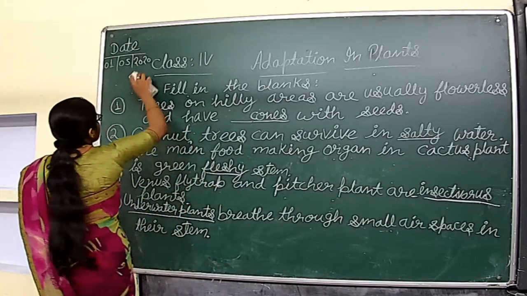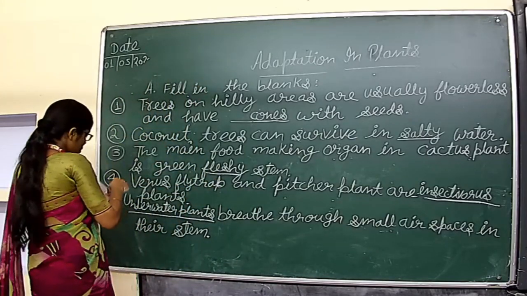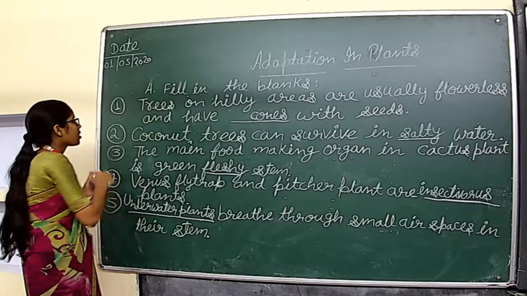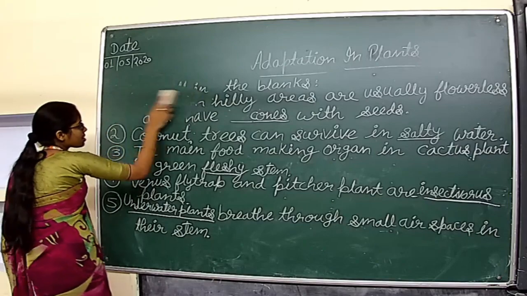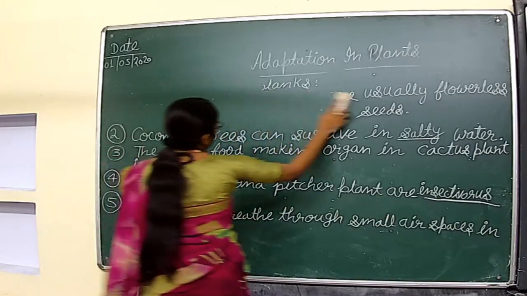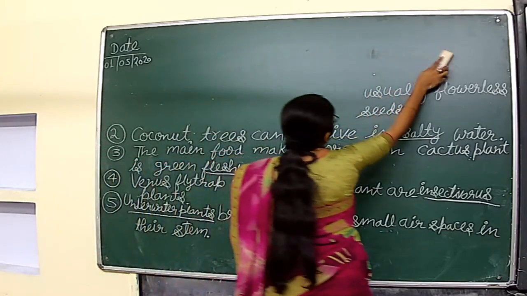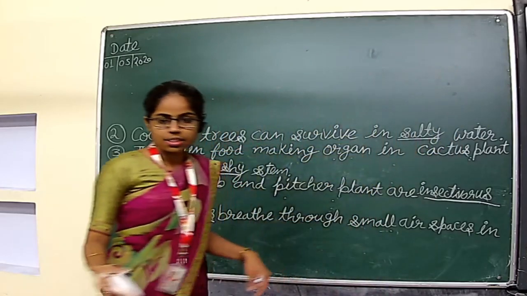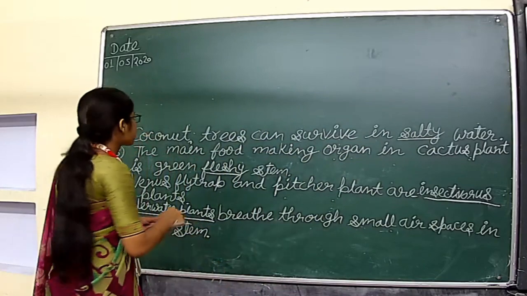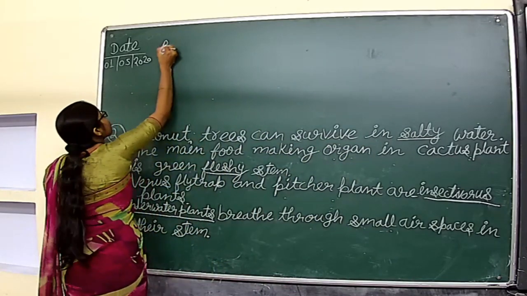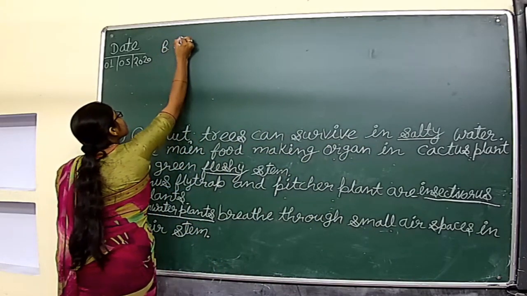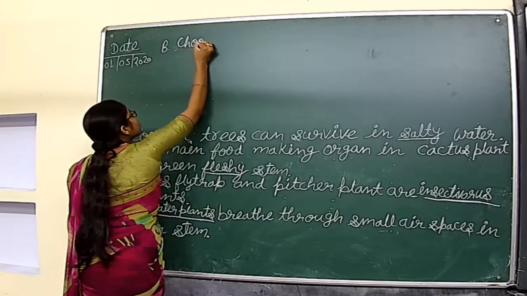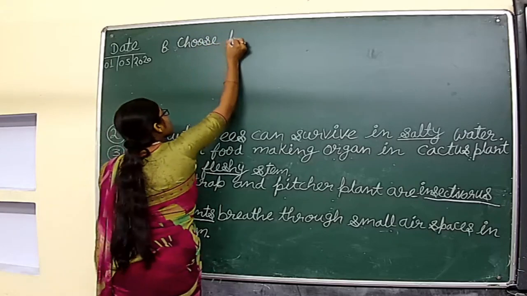And the next question is, now I am going to rub this. Please, if you have not written, write it first. We will move to the next exercise, that is choose the correct option. This is the next exercise. Exercise number B. Choose the correct option. This is a multiple choice question.